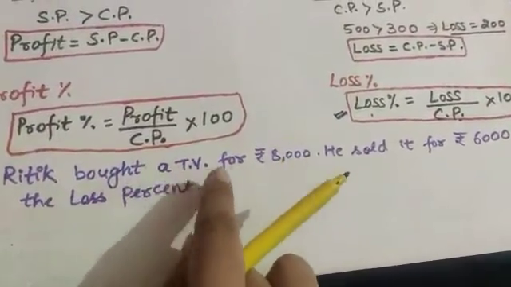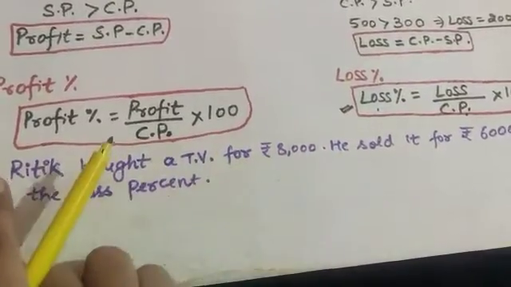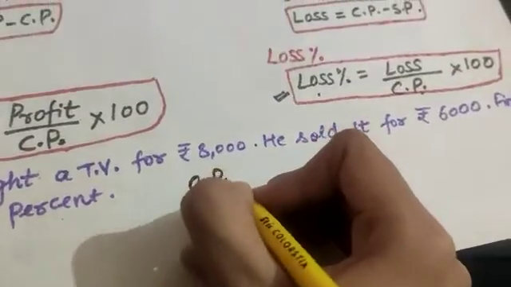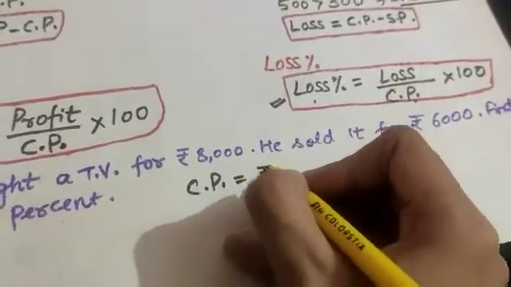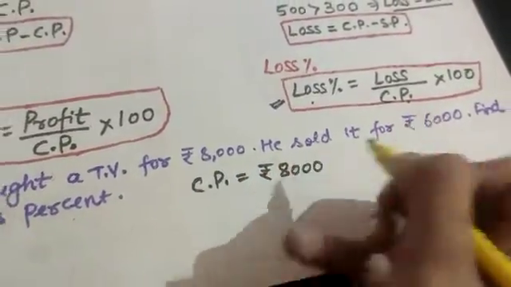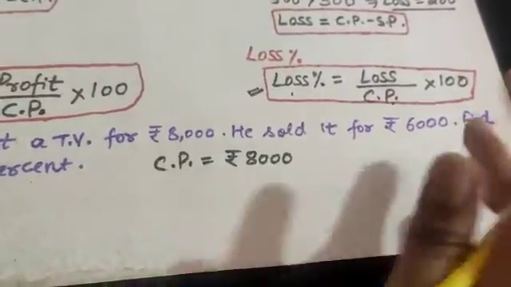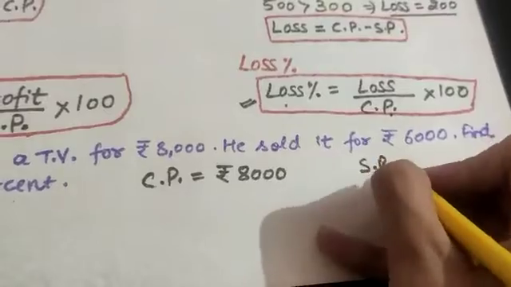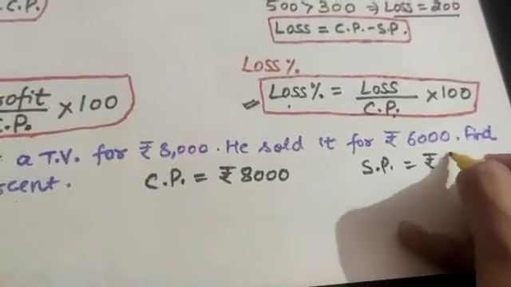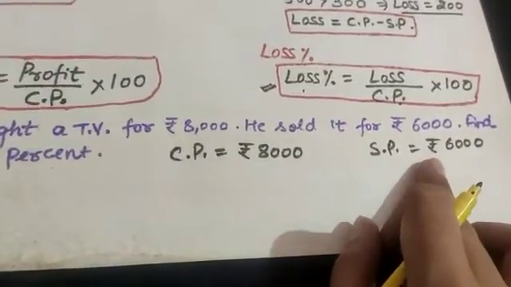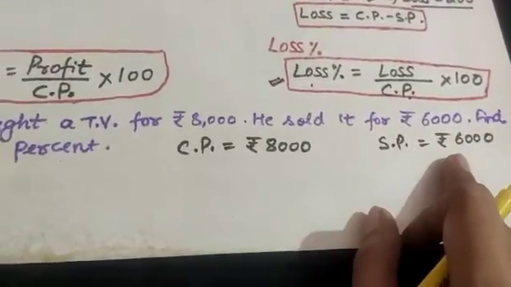Ritik bought a TV for rupees 8,000. Since Ritik bought a TV for rupees 8,000, that means the cost price, the CP, is 8,000. Now in the next line, he sold it for rupees 6,000. That means the selling price will be 6,000. Now CP is greater than SP, 8,000 is greater than 6,000.